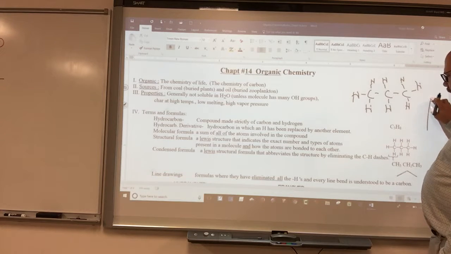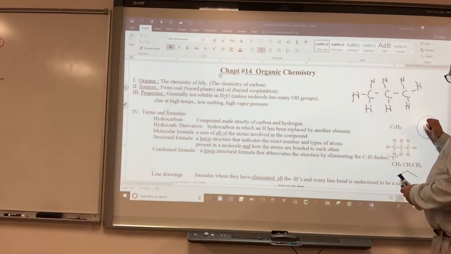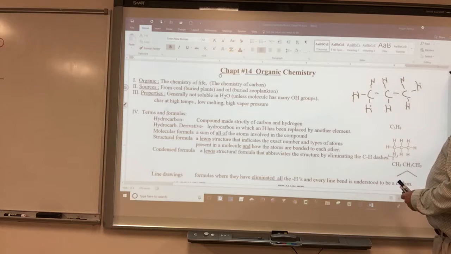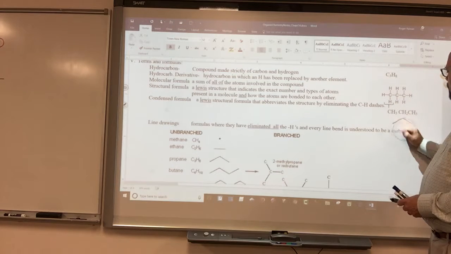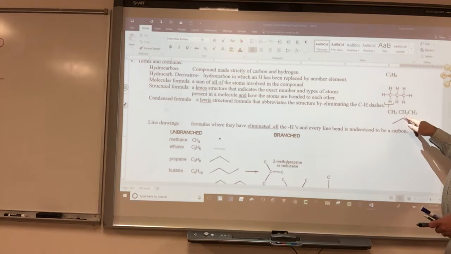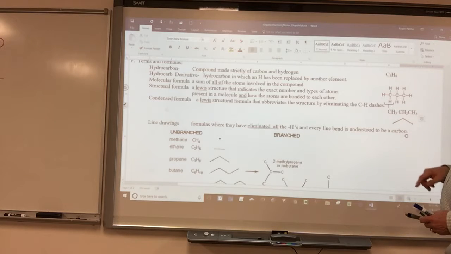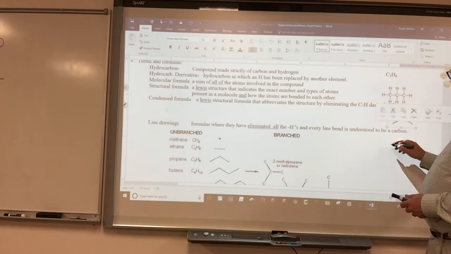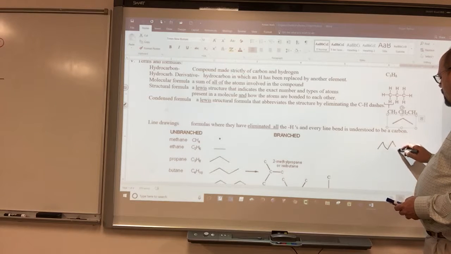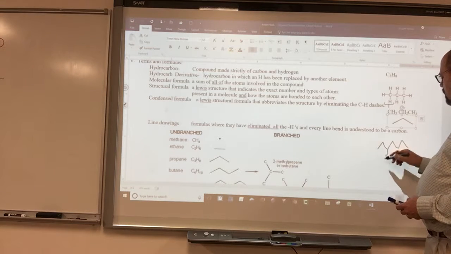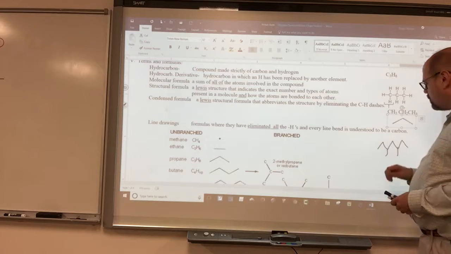Now, when they're really going fast, and they want to show these, for big molecules, and they don't want to spend all that time to draw these all out like we're talking about, they'll just show them as bends, and each bend here is a carbon. So, for instance, you may have some big long molecule that you're going to be talking about in the body, and it may have a bunch of these on here, and so they'll show them very fast by drawing just the carbons.